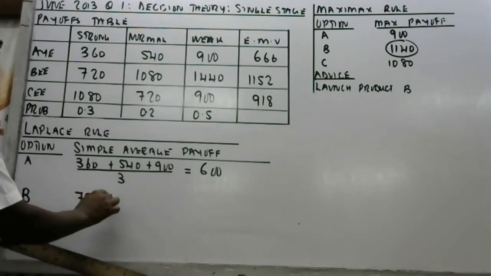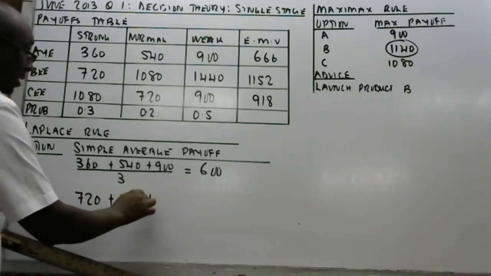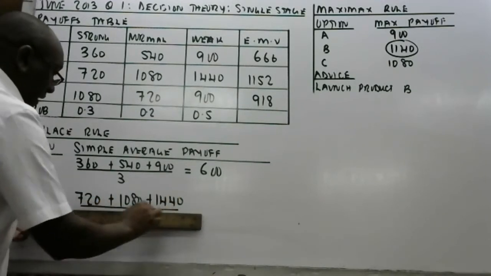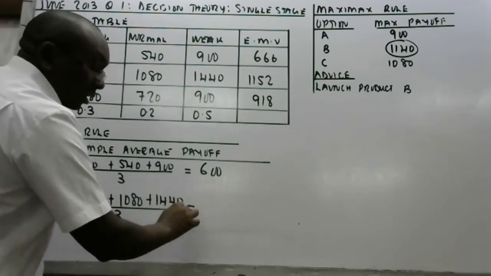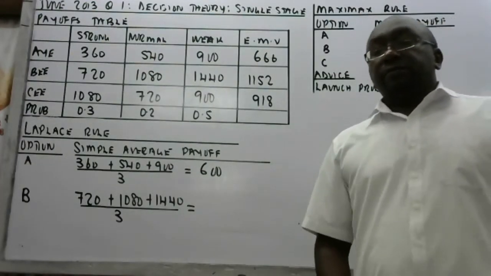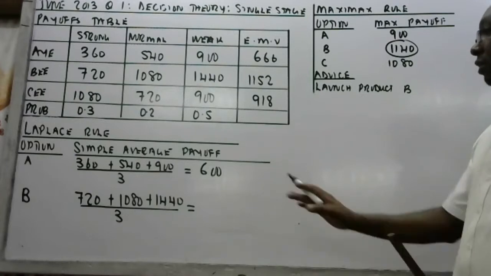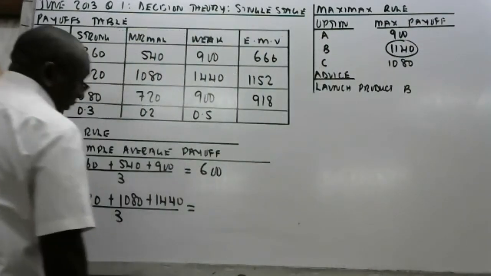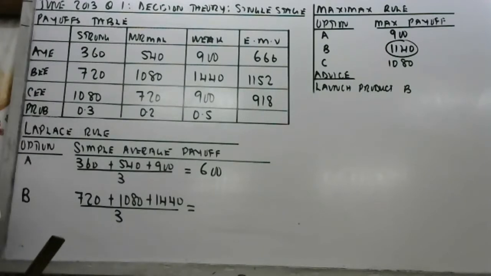B, 720 plus 1080 plus 1440. You divide by 3. Yeah, good. For now, I'm quickly reminding you of all this. What is the answer?